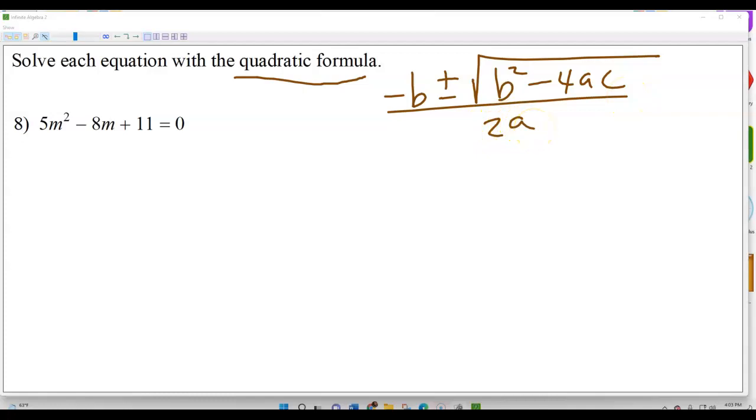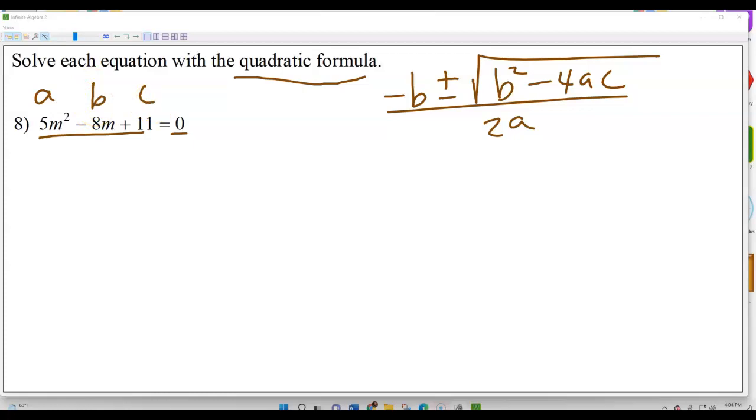Okay, and you're going to use that anytime you have a quadratic that's in standard form and it's equal to 0. The number in front of the x squared, or I guess in this case it's an m squared, is an a. The number next to the m is the b, and the number that doesn't have a variable next to it is the c.